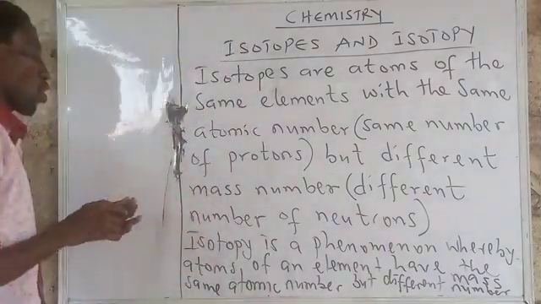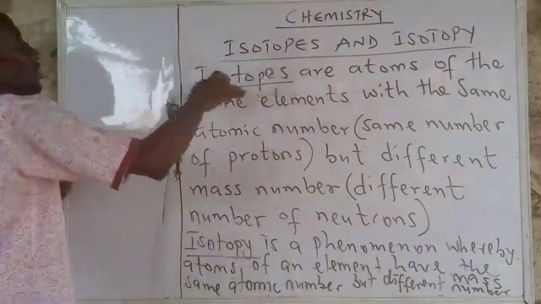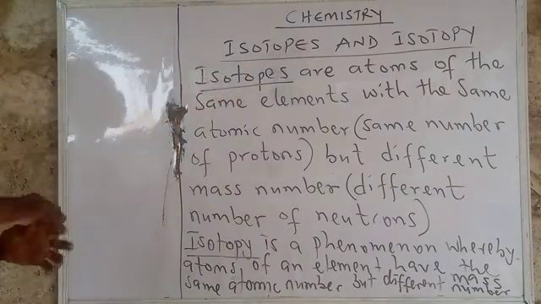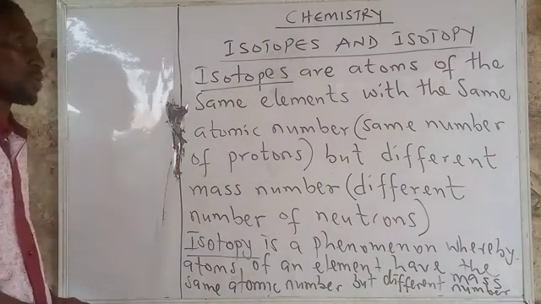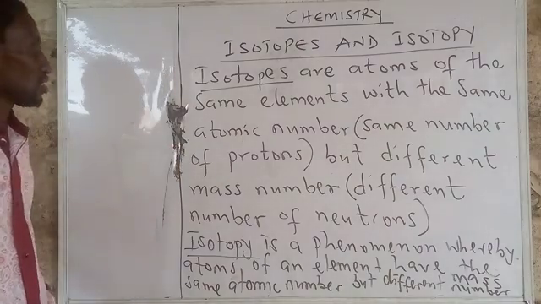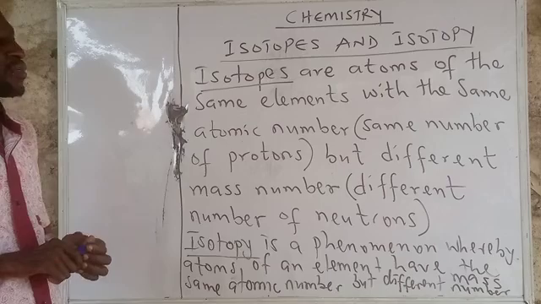When that occurs, it is regarded as isotopy. So take note. What is responsible for isotopy? Differences in the number of neutrons is what is responsible for isotopy.